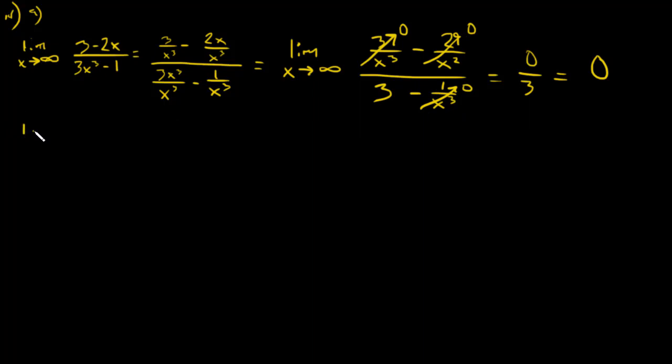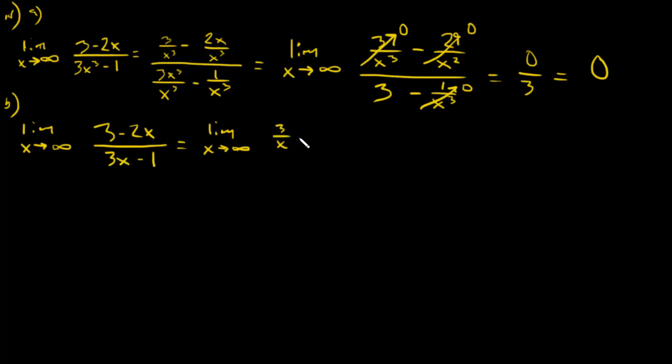Now, though, let's look at the limit, as this is for part B. The limit as x goes to infinity of 3 minus 2x over 3x minus 1. Okay, so that's going to be the limit as x goes to infinity of, well, what do we divide by? The highest power is just x, so it's going to be 3 over x minus 2x over x over 3x over x minus 1 over x.